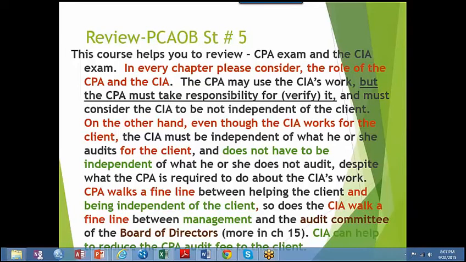Independence from the perspective of an internal auditor is a little bit different. We are working for the organization. However, our independence is based upon who we actually report to.